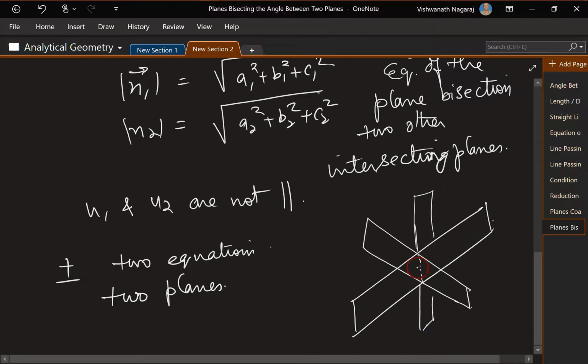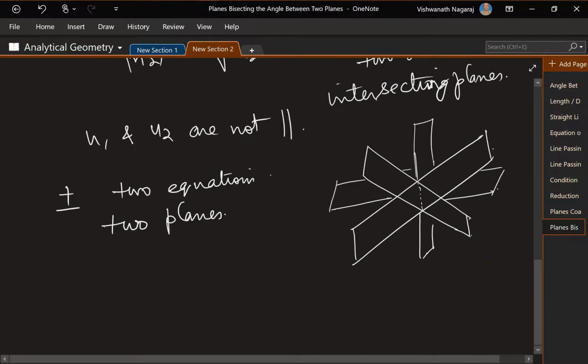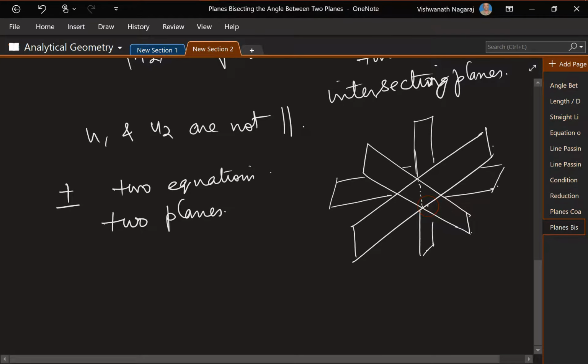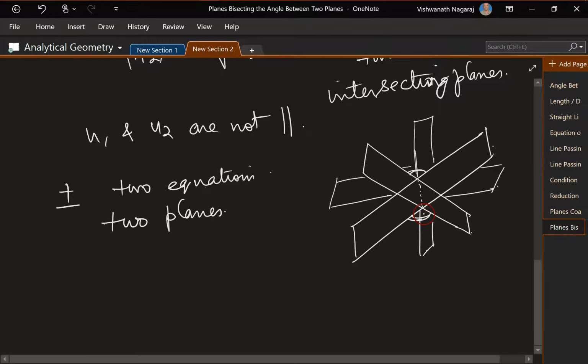So this is one plane which is bisecting this angle, and this could be the other, right? Instead of saying horizontal or vertical, it's better to say there will be two places where the angle is bisected, basically you have two sets of angles. One is this set and the other set is this.